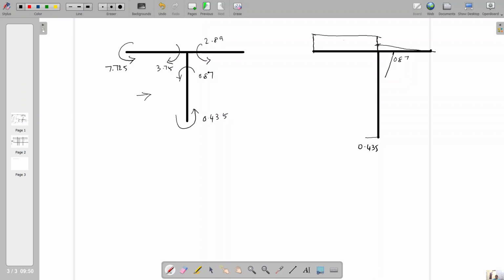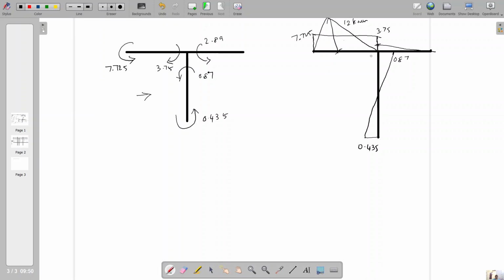Next, 0.87 to 0.435. Now you superimpose the free bending moment diagram. The first value is 12 kilonewton meter. Here it is 7.725. This value is 3.75.